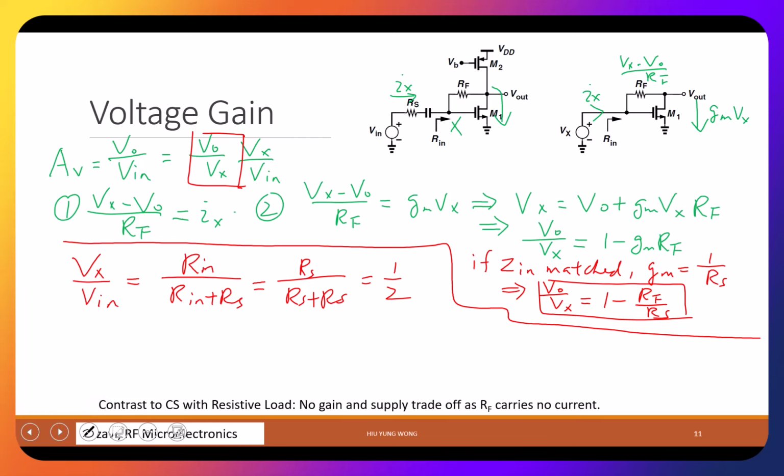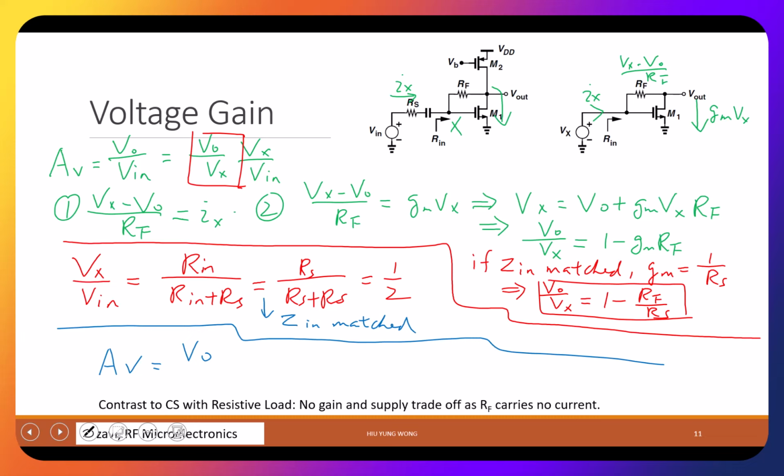Let me emphasize, Rin matched. So now Rin is Rs, which is also 1 over Gm, like what we're saying here. So then finally, what is the gain? AV equals Vout divided by Vin equals half of 1 minus Rf divided by Rs. That is the gain. Okay?